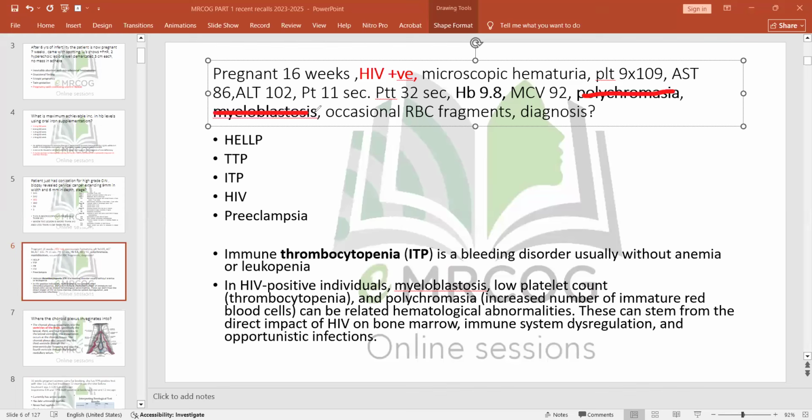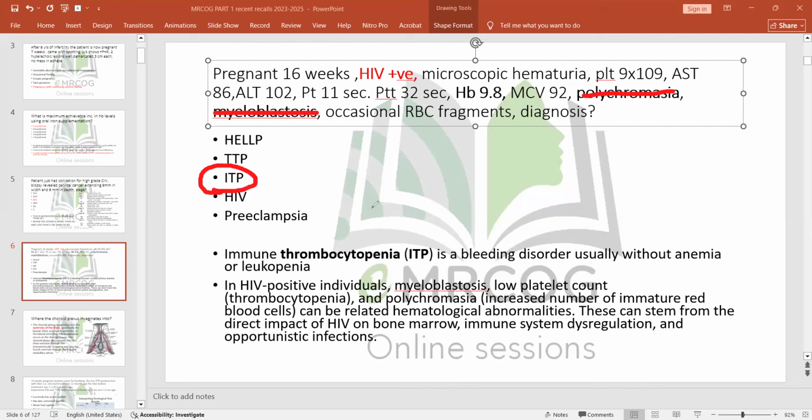Without this, and this, and I'm only having a patient with bleeding, of course, not necessarily HIV. She's having microscopic hematuria, which is evidence of bleeding, with thrombocytopenia, okay? Plus or minus anemia. This, of course, could be ITP.